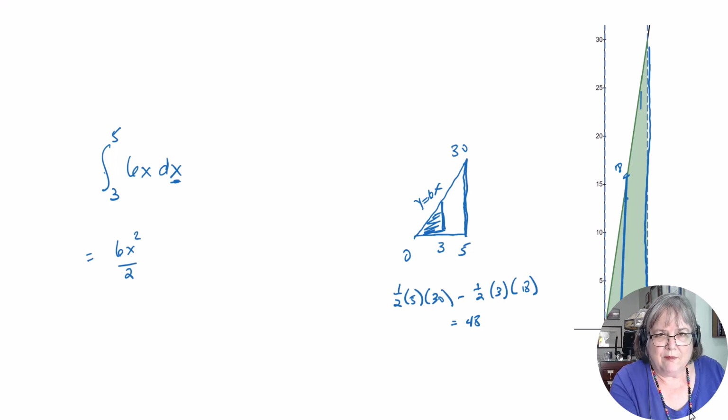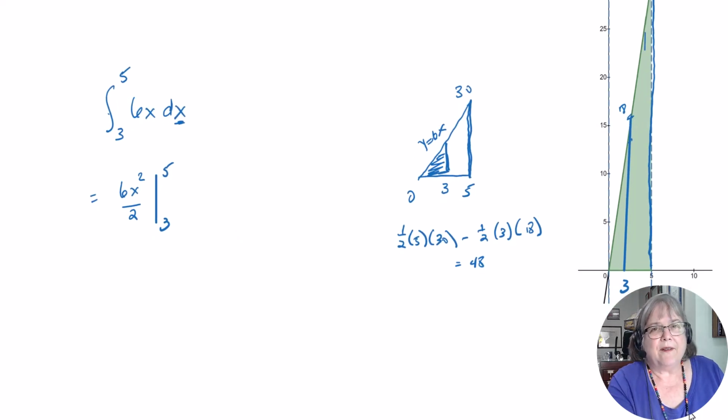But instead of doing plus c, because if what you had was not the 3 and not the 5, this would be an indefinite integral, and you would go plus c. Okay? However, what we had was a definite integral from 3 to 5. So what we're going to do is to evaluate this, and they usually show it with a little straight line right here, and they'll say we're going to evaluate this from 3 to 5.